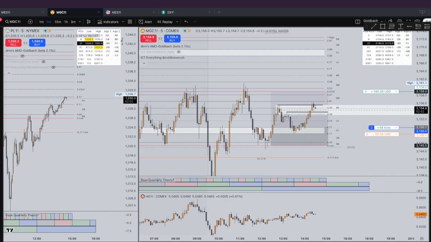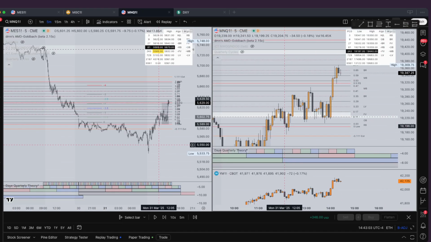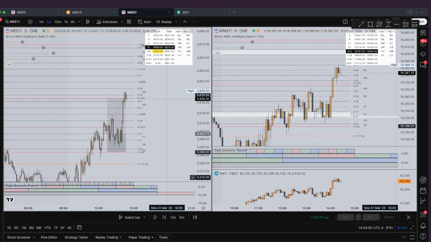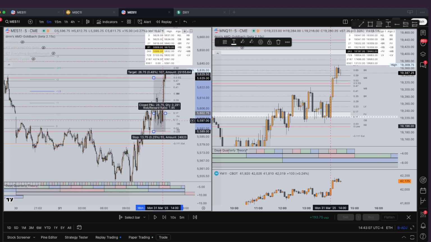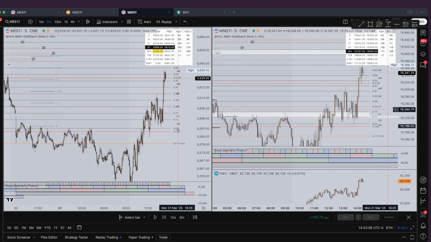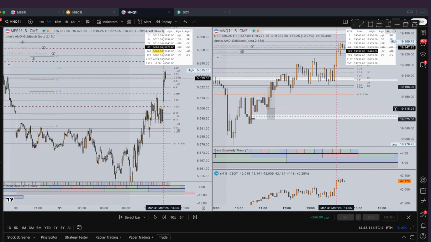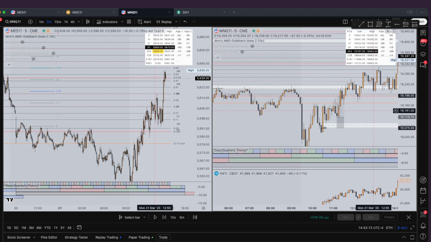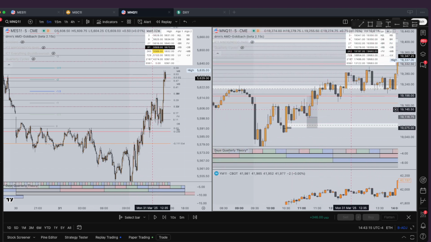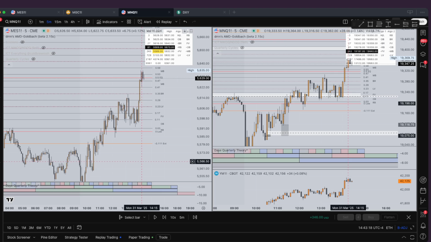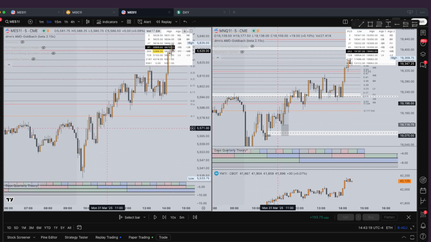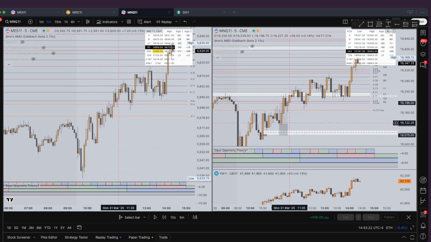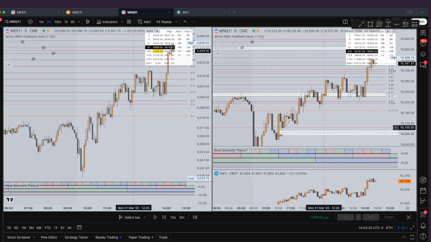Anyway, I'll just stop it here. I'll do more around the macro time, like what kind of entries can be there. But I think we got some decent something here as well. Sometimes, on days like this, you may get to take multiple entries. Just remember about the SMT fill part.